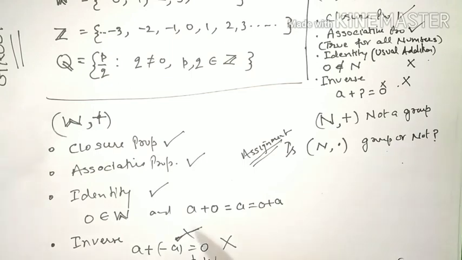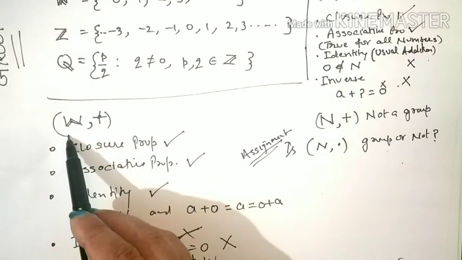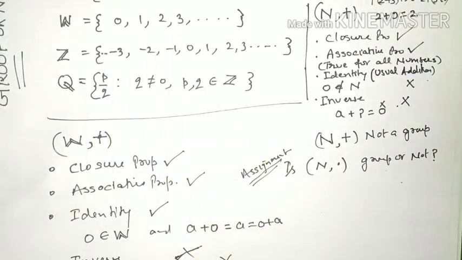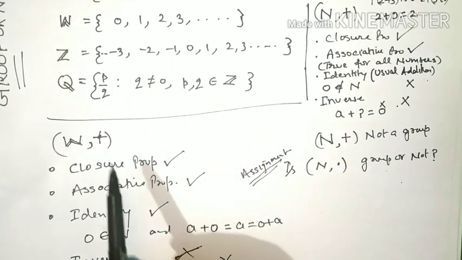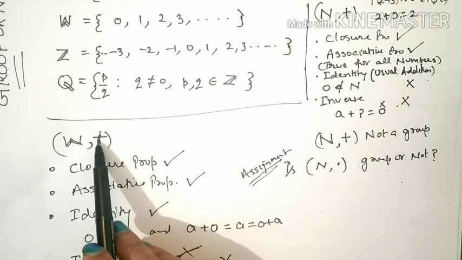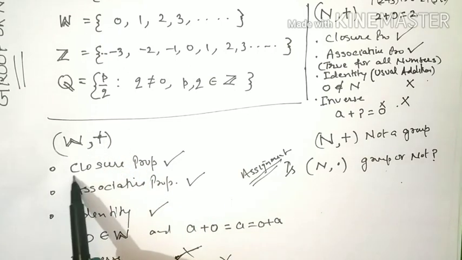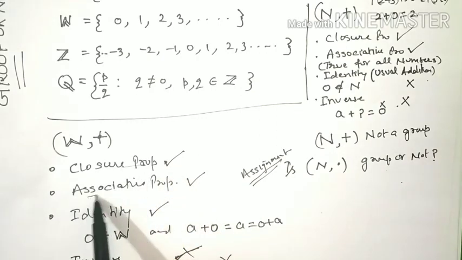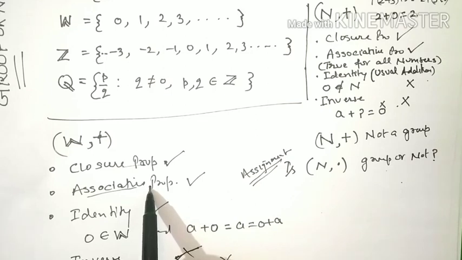Similarly, for the set of whole numbers, which is this set including 0 and all the positive integers, under the operation of addition, the closure property holds, because the sum of two whole numbers is again a whole number. Associative law is true because it is true for all the numbers under the usual addition.